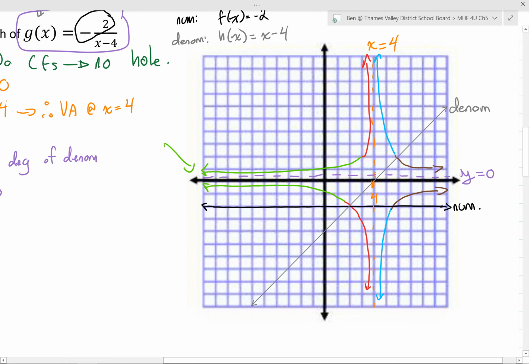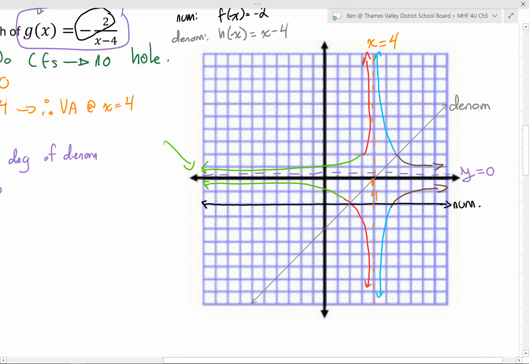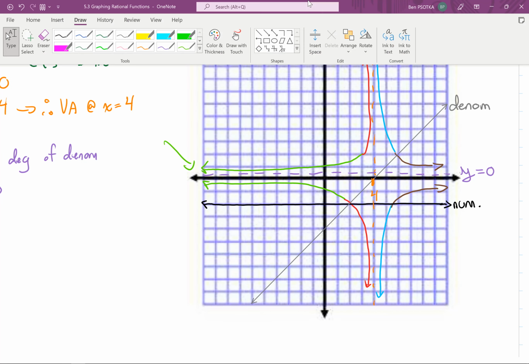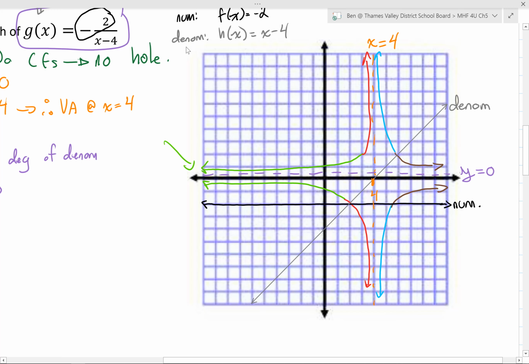And for each part of this function that we're worried about, we can compare the positiveness and the negativeness, checking whether my numerator and my denominator are positive or negative for each section. So for the light green parts, as my function approaches negative infinity, my numerator is negative. My denominator is also negative.